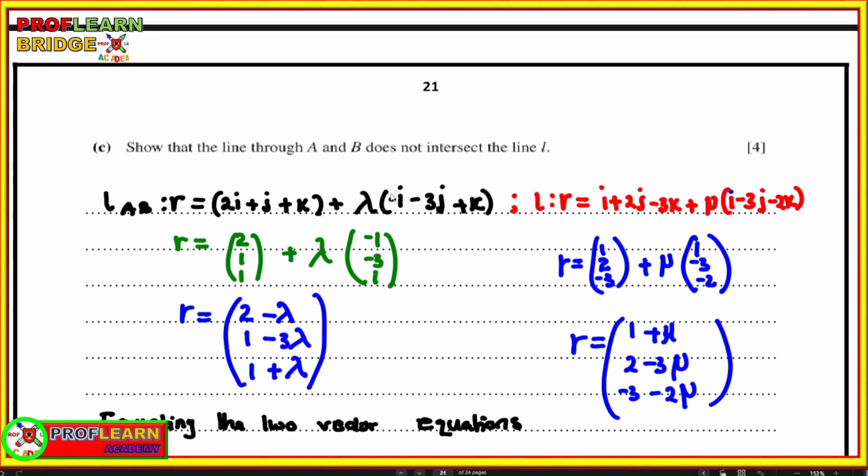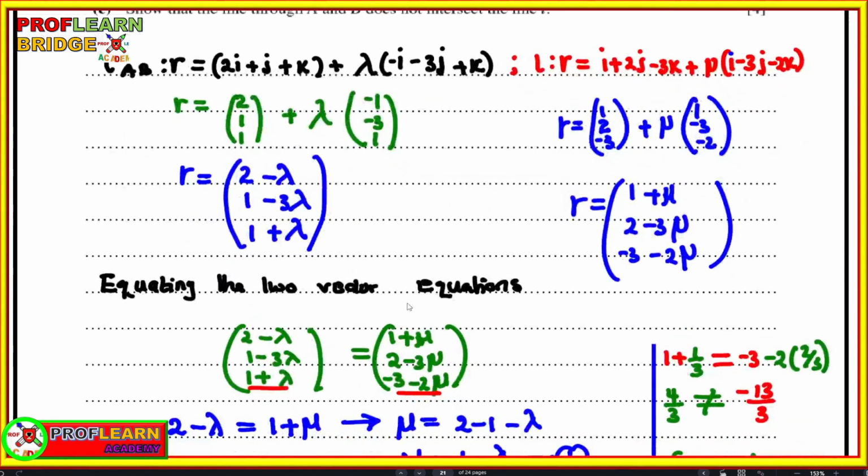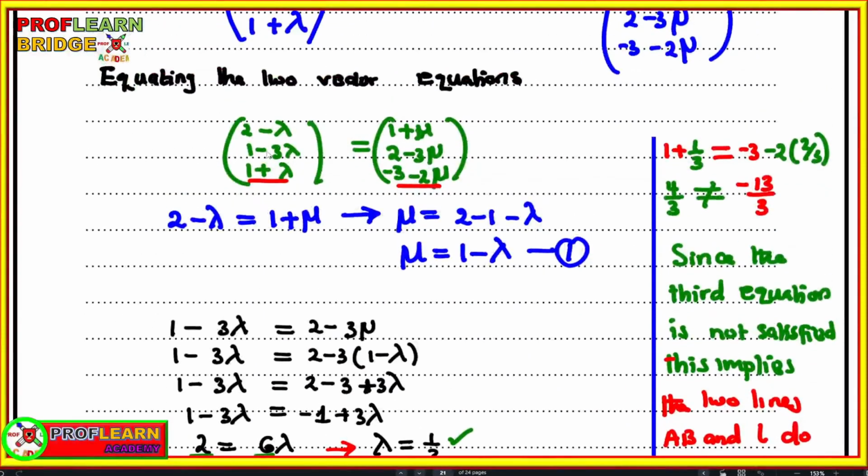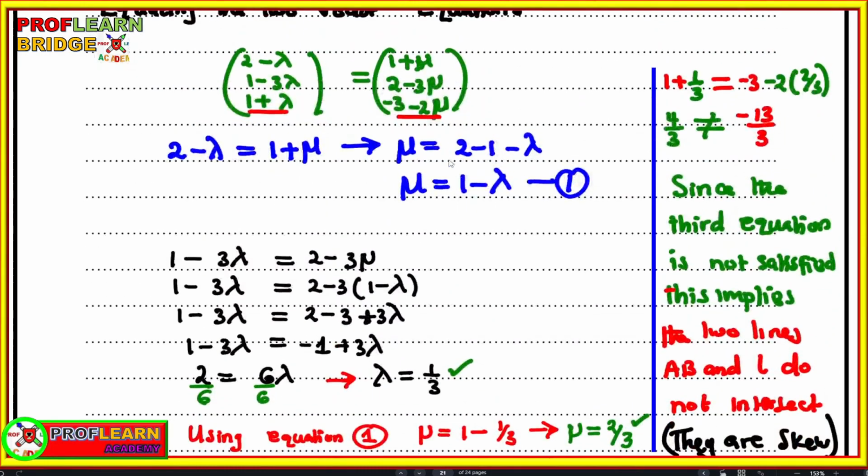Now, in order to show that the line through A and B does not intersect with line L, we are going to equate the two equations and find the values of lambda and mu. So equating the two vectors, we are going to form the first equation, and we shall form the second equation. We try to solve these two simultaneous equations. Solving them, we get from the first equation mu equals 1 minus lambda.